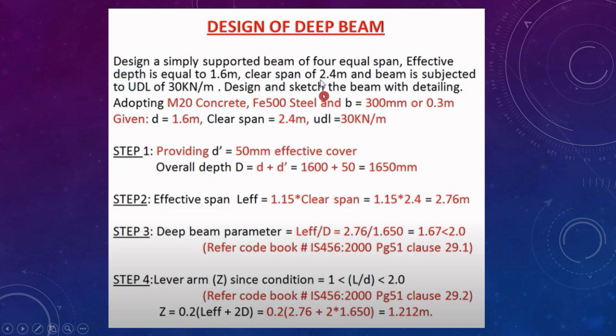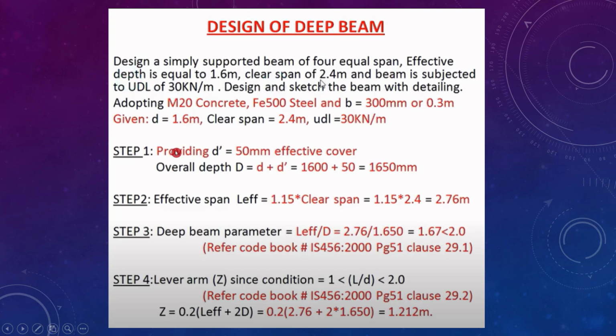Design and sketch the beam with detailing. This is the question. So the basic inputs: we have to use M20 concrete, Fe 500 steel. The breadth of the beam is 300 mm or 0.3 meter, the effective depth is 1.6 meter, the clear span is 2.4 meter, and the UDL is 30 kilonewton per meter.